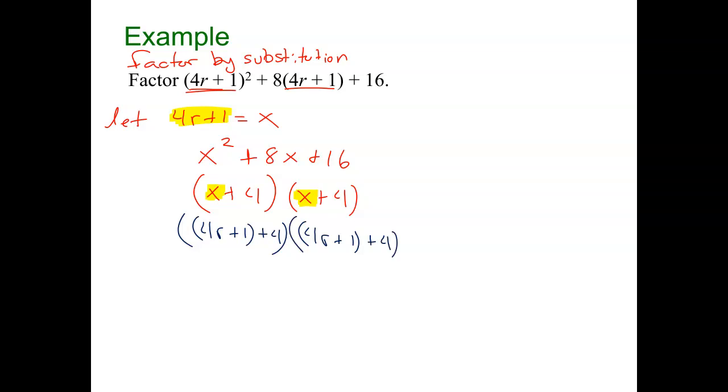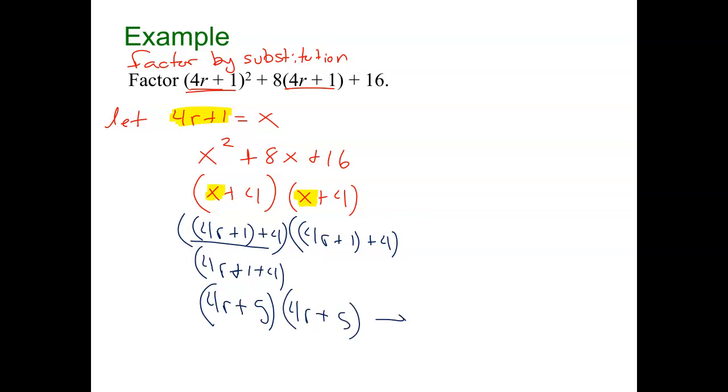Since there's no multiplication now, I can just combine like terms. So what's 4r plus 1 plus 4 simplified to? 4r plus 5. And I'm going to have the same thing again, right? 4r plus 5. And then how can I simplify when I have two expressions that are identical being multiplied together?